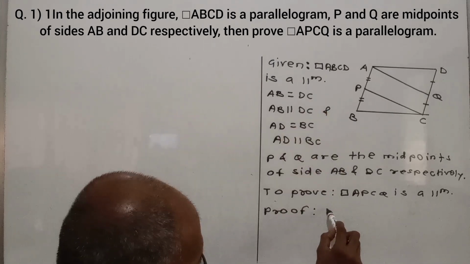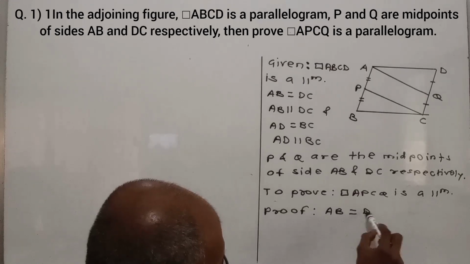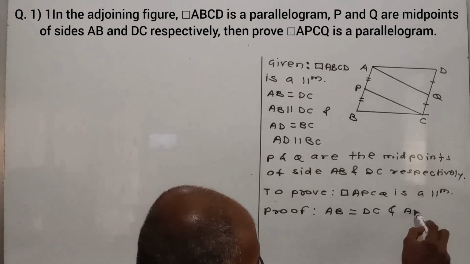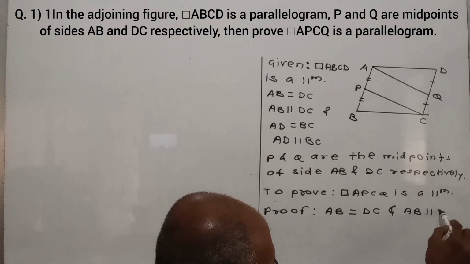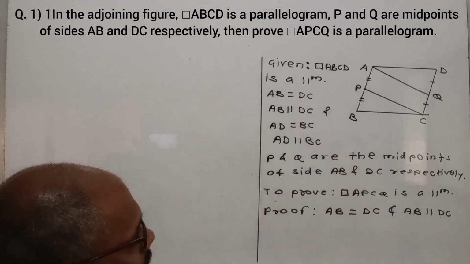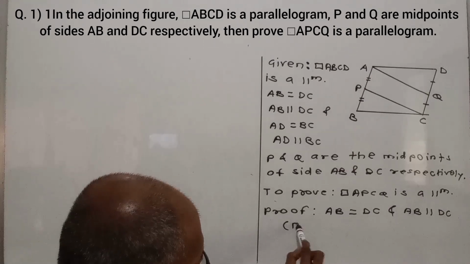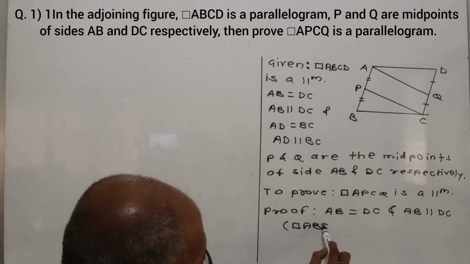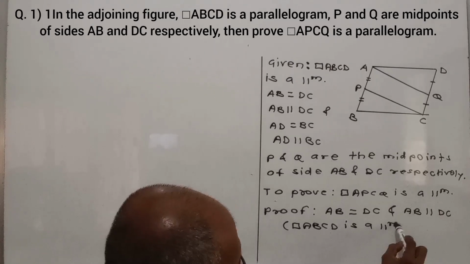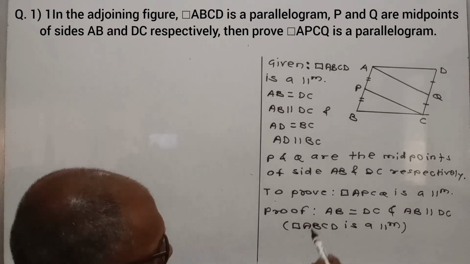See here. AB is equal to DC and AB parallel DC. First write here, quadrilateral ABCD is a parallelogram. Did you get it up to this? Now see here carefully.